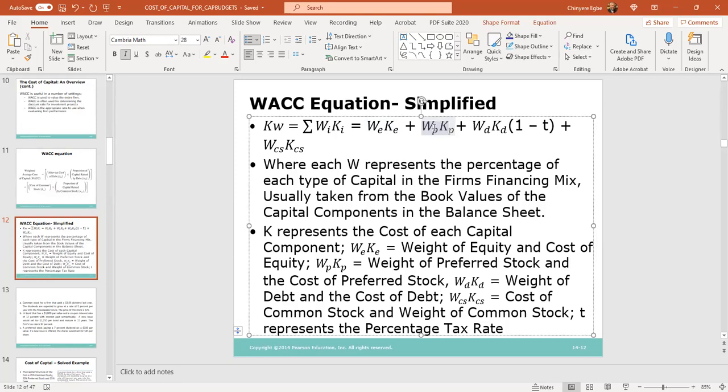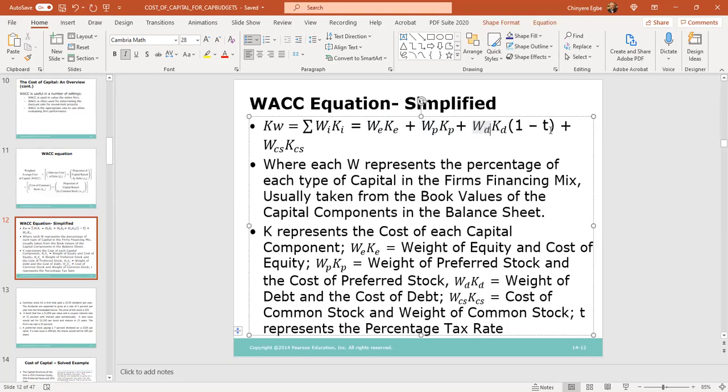And then WP refers to the percentage, and the percentage, as you know, is less than 100%, or in proportion is less than 1, times the cost of preferred stock, and then the cost of debt, times 1 minus T, the tax rate.